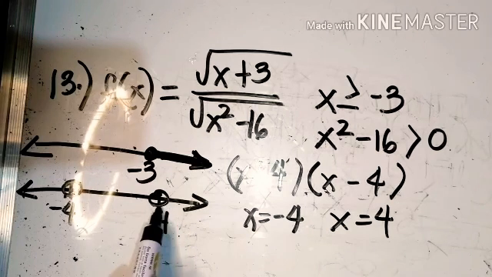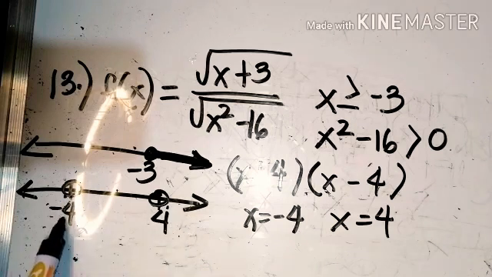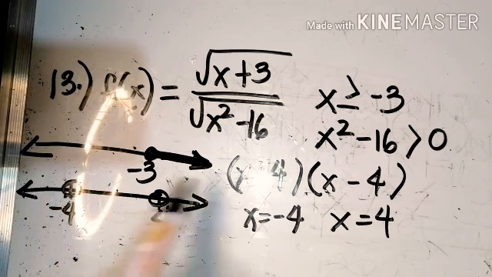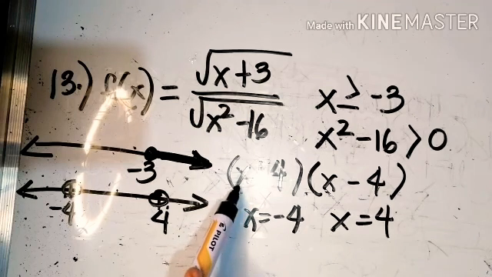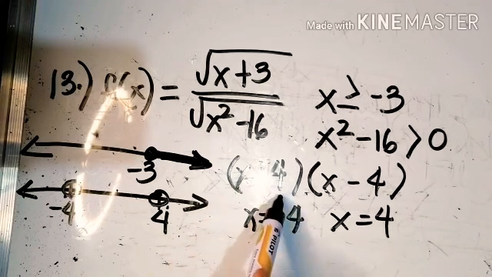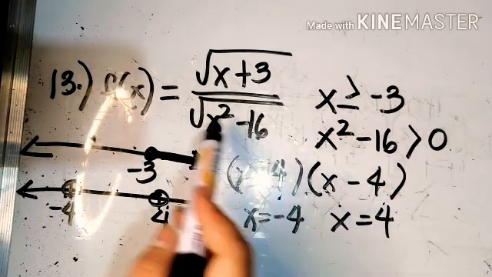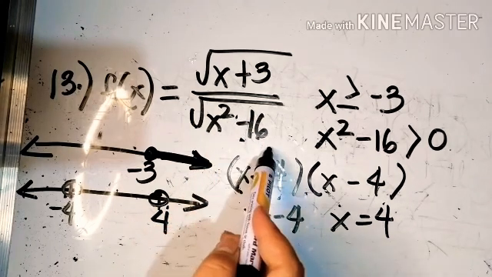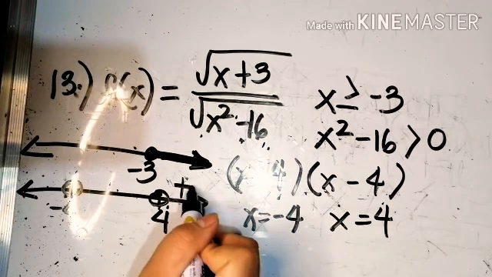Okay, let us check kung yung ating values is greater than 4 and less than 4 ay alin dun yung magiging negative siya. So, let's try. Kung ang value natin ay less than 4, halimbawa negative 5, negative 5 plus 4 equals negative. Then, negative 5 minus 4 ay negative.